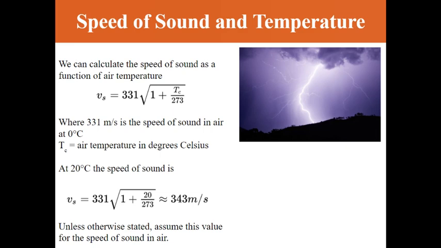Every 3 seconds that pass between the lightning and the sound of thunder means that the sound wave has traveled 1 kilometer. In other words, if you see lightning and then you hear thunder 3 seconds later, it means the lightning bolt struck 1 kilometer away. If you hear the thunder 1 second after lightning, then the thunderbolt struck about 1/3 of a kilometer away from you, and that means it's pretty darn close.